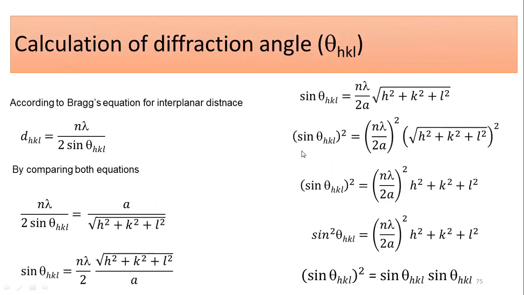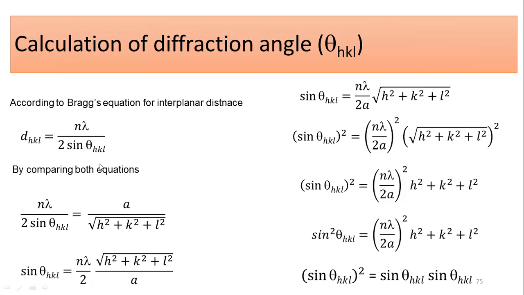Here is the first equation, for the calculation of the diffraction angle, called theta HKL. These are the two equations we are going to use to calculate the interplanar separation. This is the d spacing used in Bragg's equation to calculate the interplanar distance, which we have already explained.